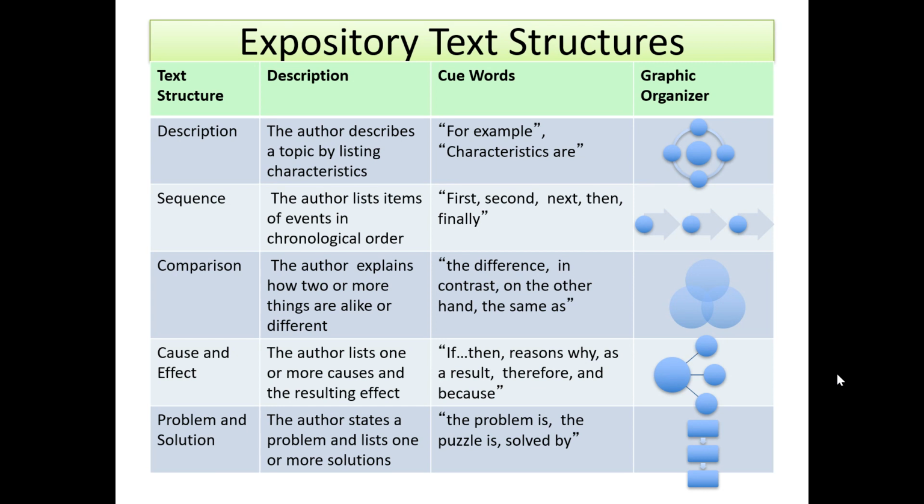The problem is, the puzzle is, solved by, those are all keywords in a problem solution text. And your graphic organizer just shows a problem stated at the top and then potential solutions, arrow to each potential solution beyond that.